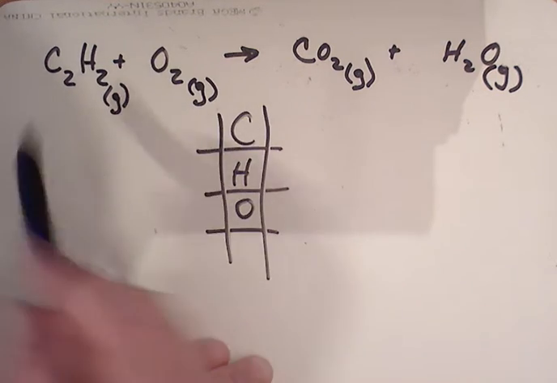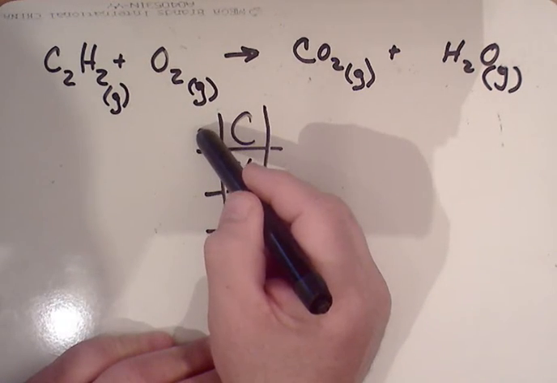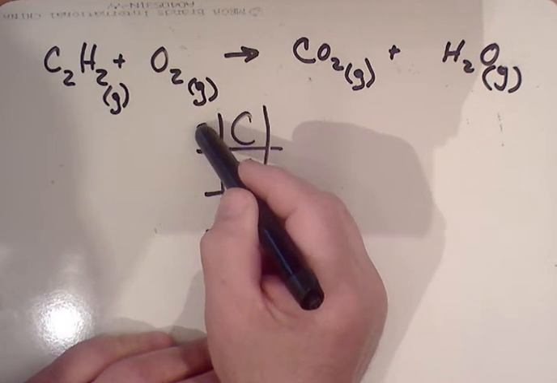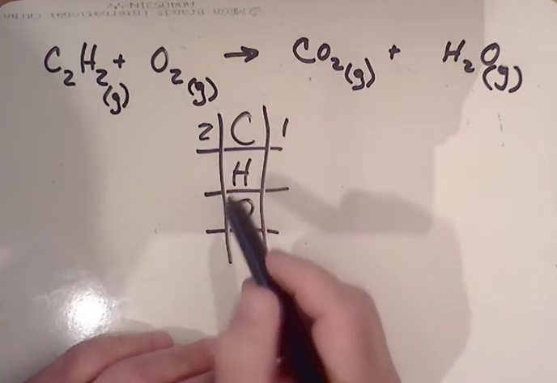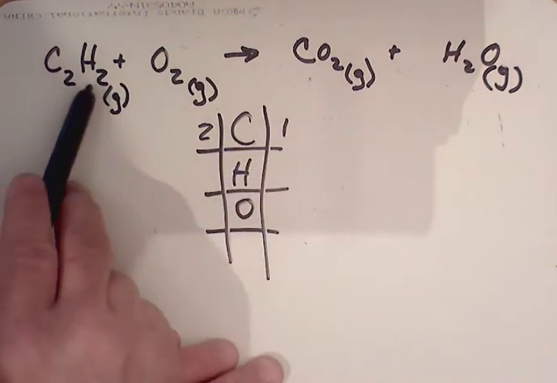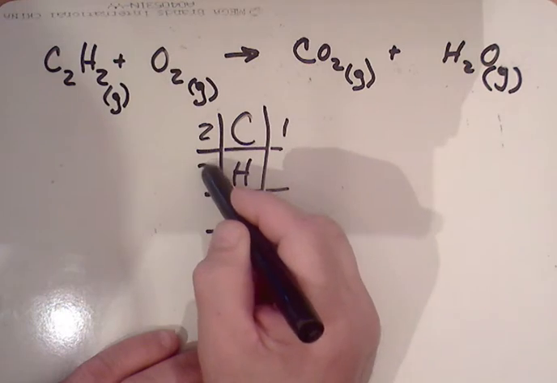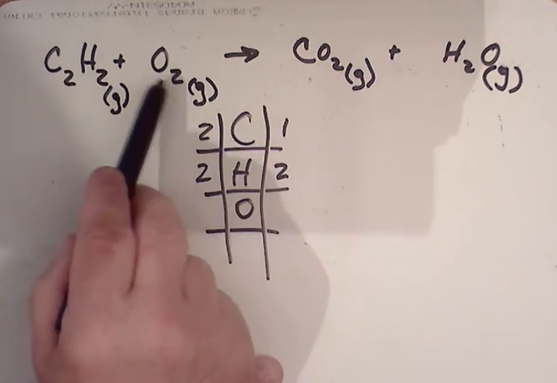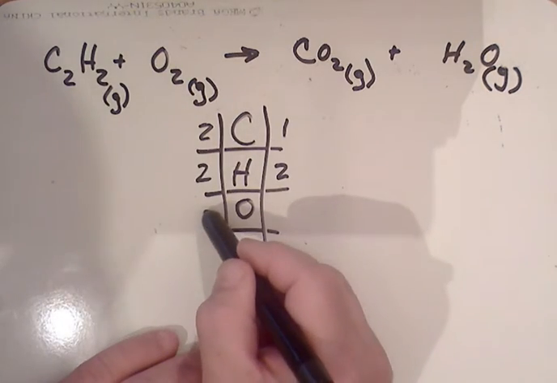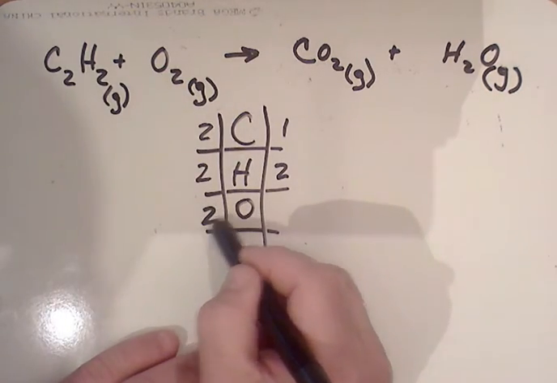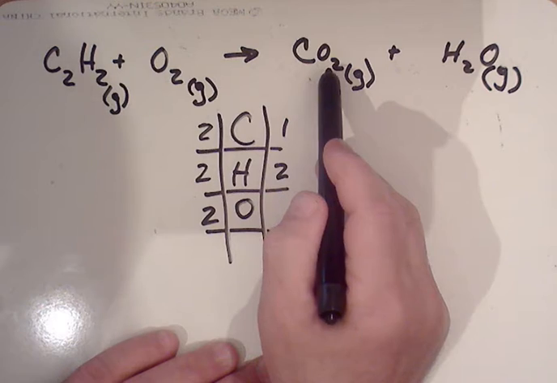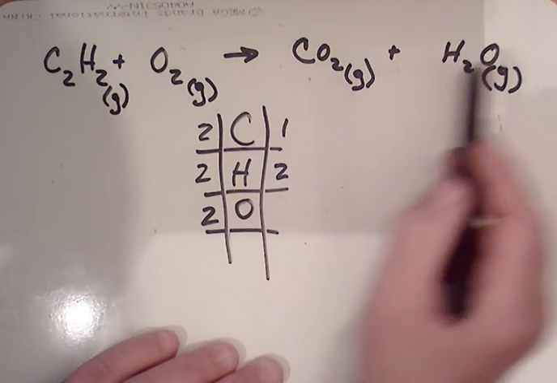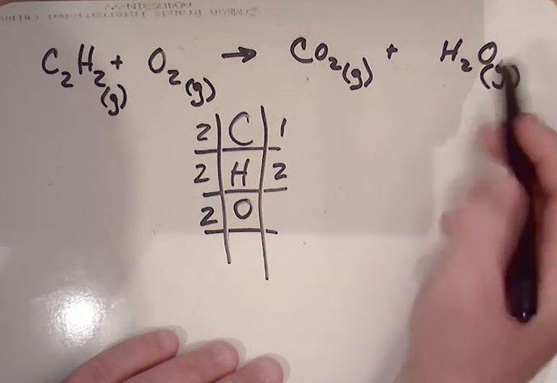So, we have 2 carbons on the reactant side, and we have 1 carbon on the product side. We have 2 hydrogens on the reactant side, and we have 2 hydrogens on the product side. How many oxygens do we have on the reactant side? 2. And how many on the product side? If you said 2, you forgot to add the extra one over here.